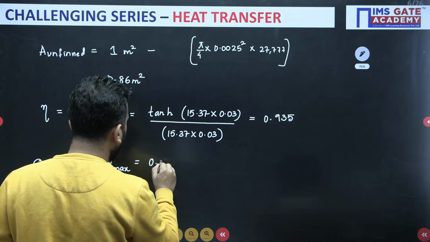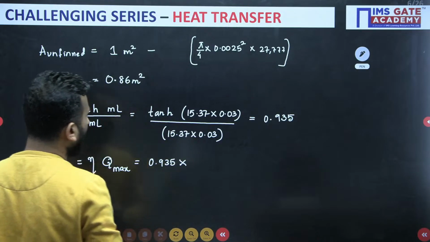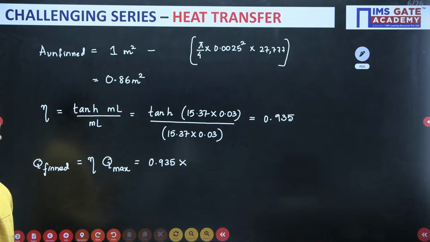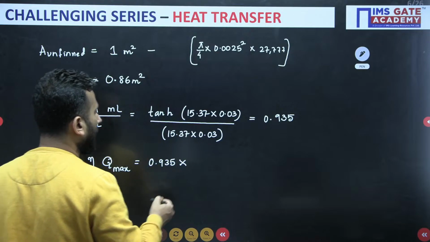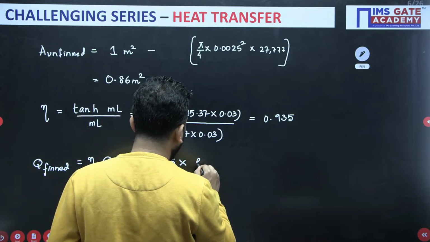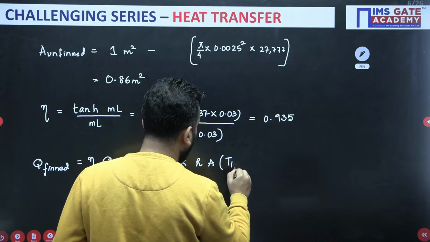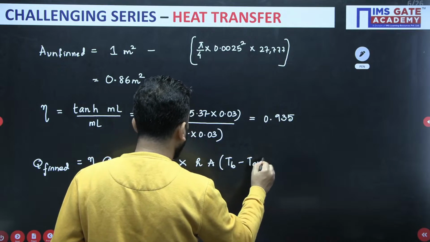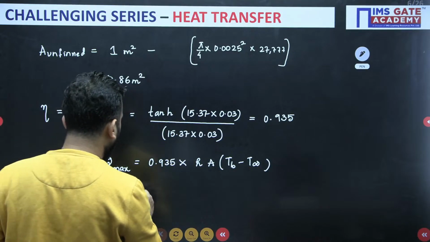So efficiency is 0.935, and what is max heat? Max heat is when your entire surface is at the temperature of the fin. So that is h A (T_b minus T infinity).